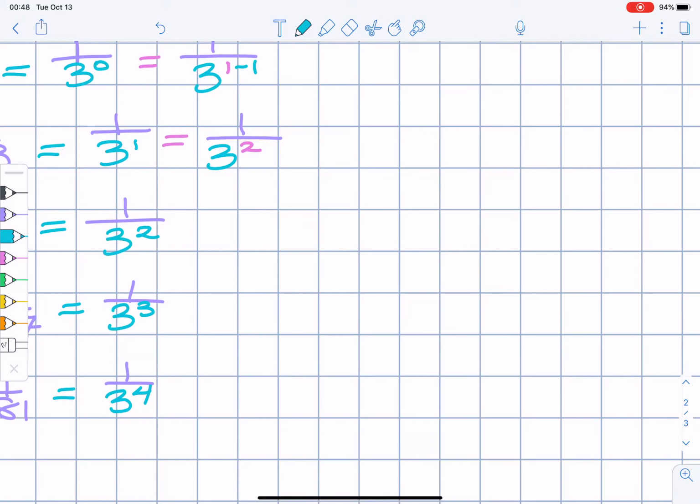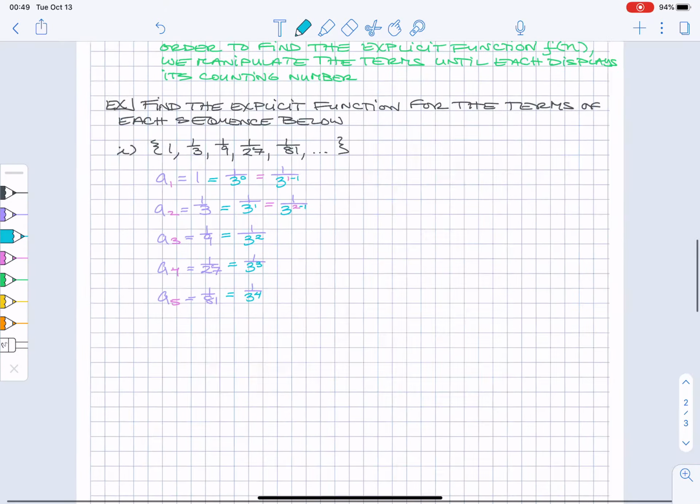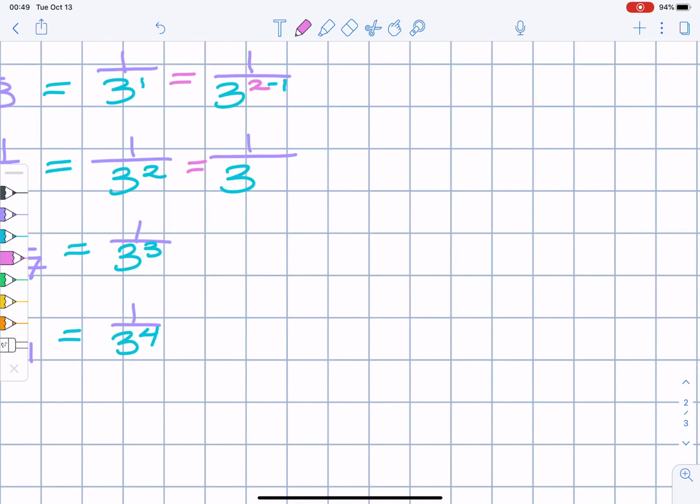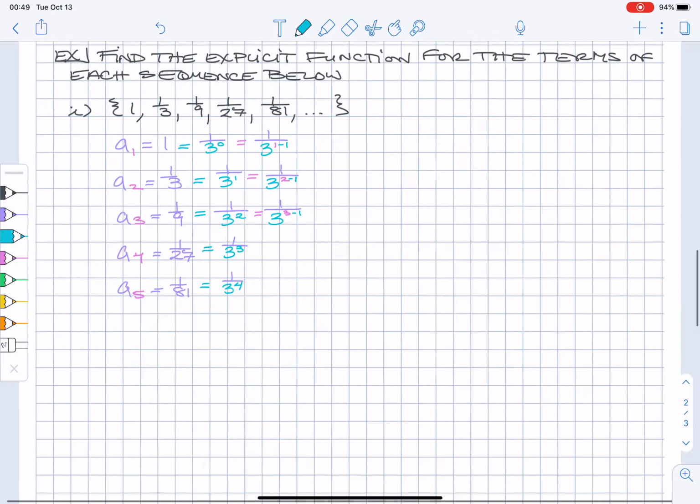Okay, I claim next that this is 1 over 3 to the 3 minus 1, which is the same as 2.